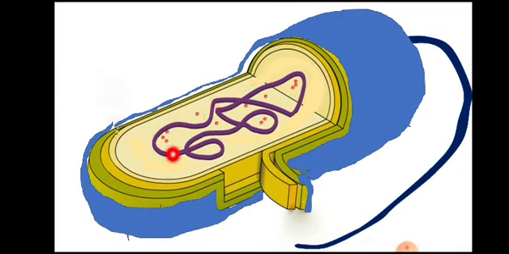The number of this covalently closed circular double-stranded DNA is 1. Therefore, we call this a single chromosome. So the chromosome number in bacterium is 1. That means it contains only one set of nucleoid or genome.